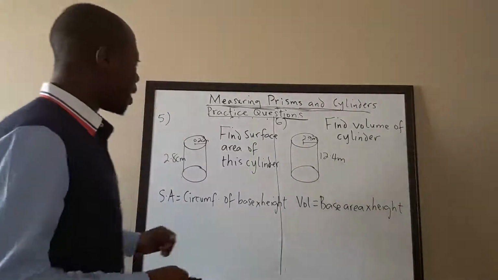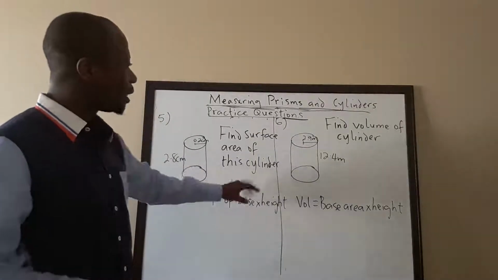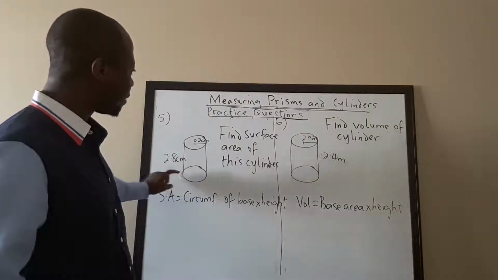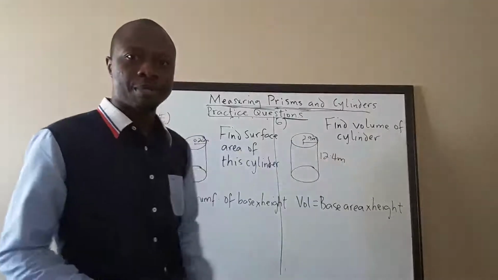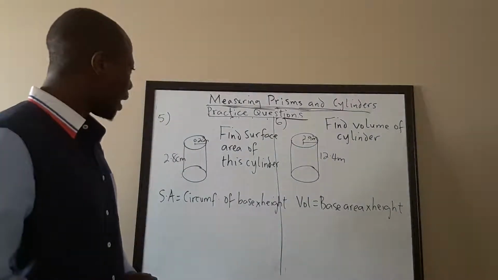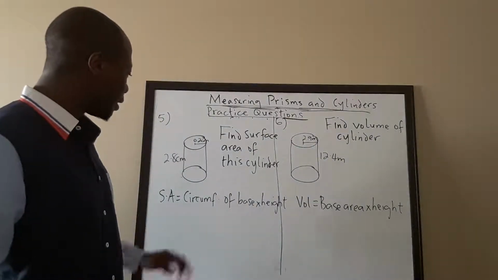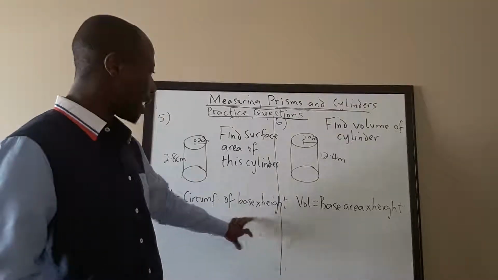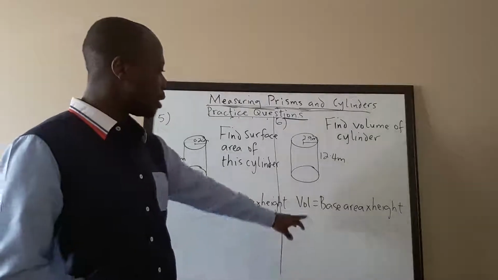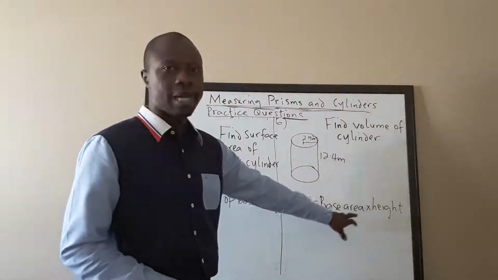Alright, so now we are dealing with cylinders. So here we're finding the surface area of this cylinder, and here we're finding the volume of this particular cylinder. And so for the cylinder, the surface area is the circumference of the base times the height, and the volume is the area of the base times the height.